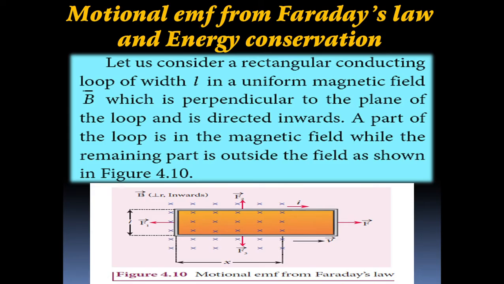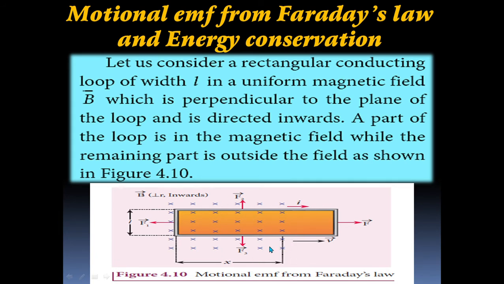The next topic is a very important 5-mark question: motional EMF from Faraday's law and energy conservation. Here let me consider a rectangular conducting loop of width L in a uniform magnetic field B vector, which is perpendicular to the plane of the loop and is directed inwards.